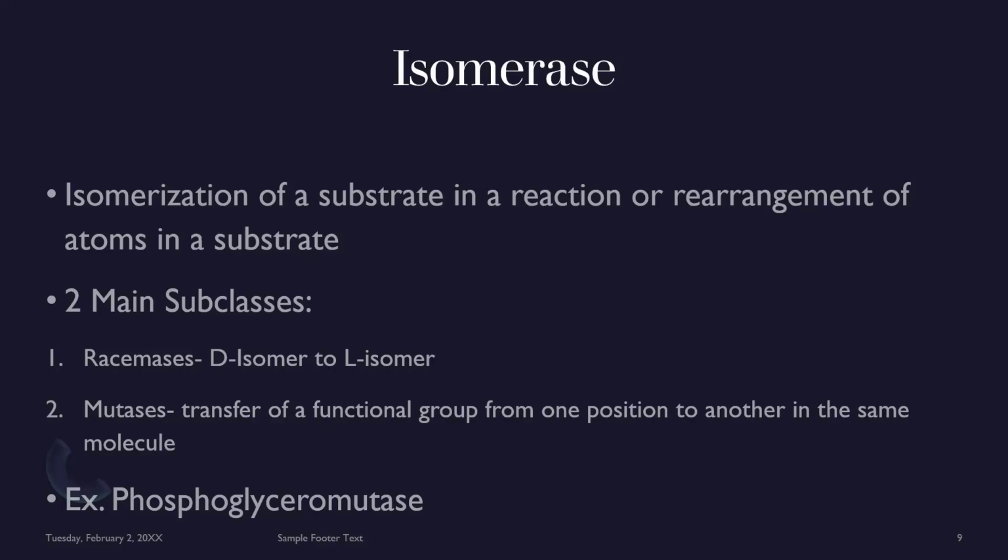So there's a mutase in there, and then the phosphate group and the glycero group, or the sugar, will be transferred to another position so that it will result in an isomer of that molecule.